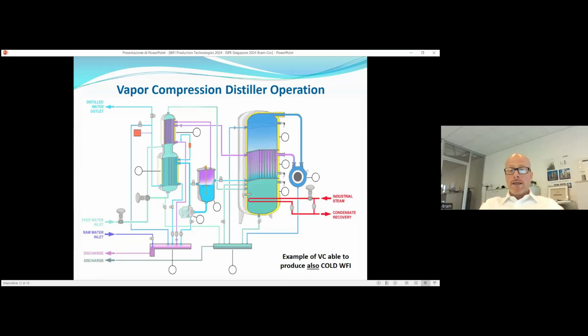In the big column, in the bottom part, you see that we have the industrial steam that helps to heat the feed water. That, I remember, is possible with our recommendation indicating up to 200 microsiemens, more or less. It means that the system to provide the correct feed water to this kind of distiller is not so articulated or expensive like the one required for the multiple effect.